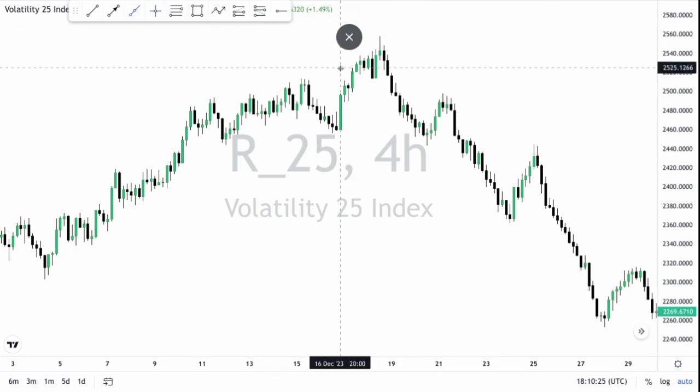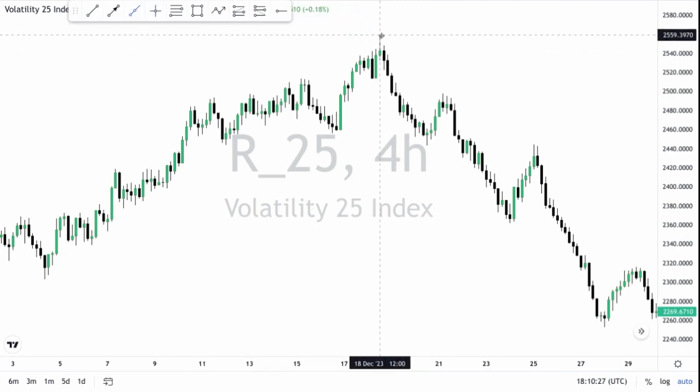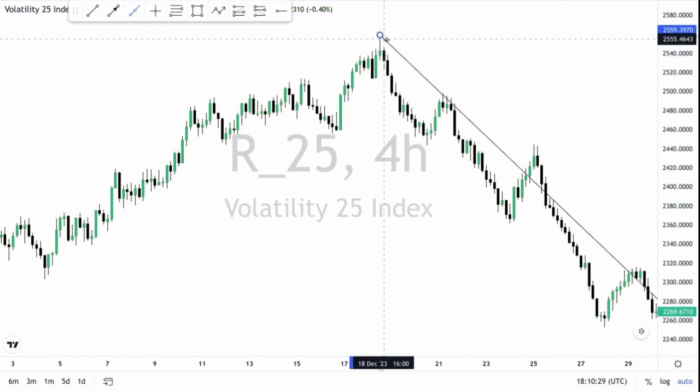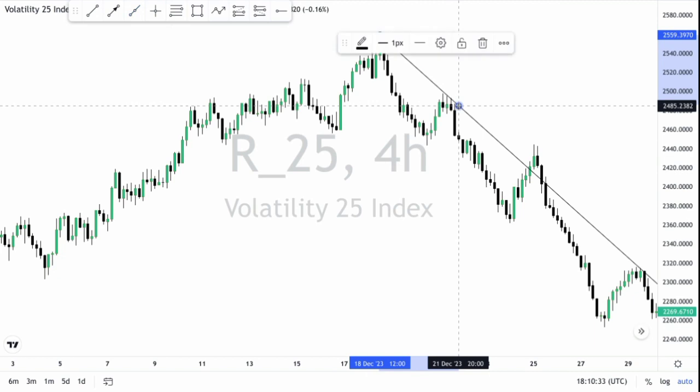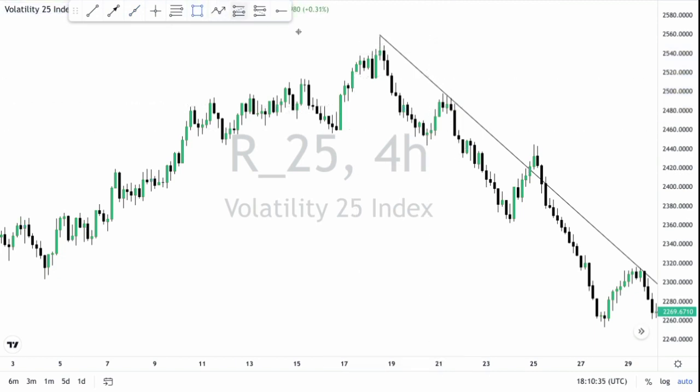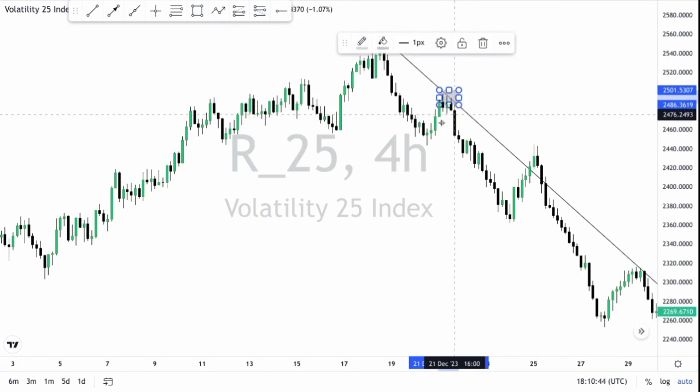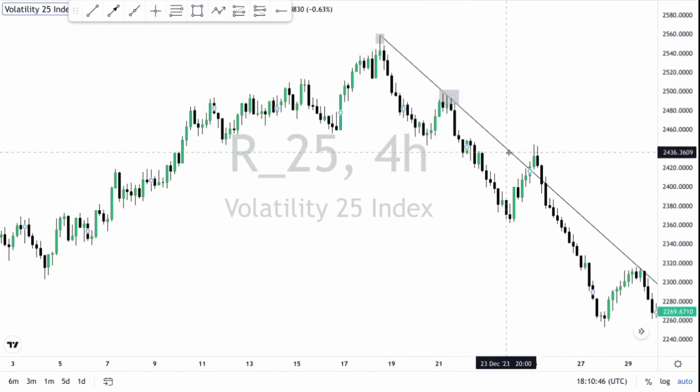You draw it, it touches this top point and this point. Automatically the points that follow after this one should touch this trend line.